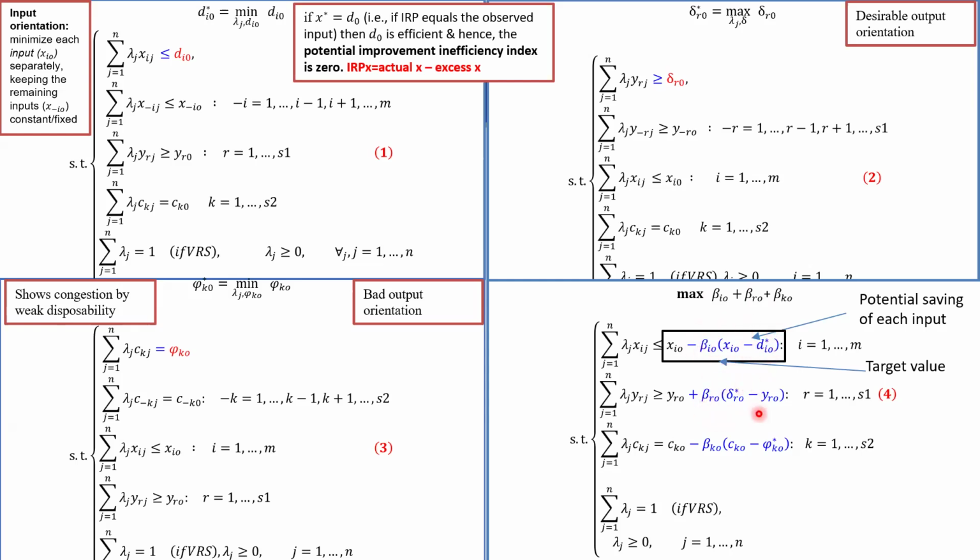And of course, in the output sense, it would be the shortfall, the output shortfall. So note that this is the efficiency improvement, the potential improvement, which MEA focuses on. So that's why we say that it doesn't focus on the efficiency score. It focuses on your capacity to do what you could have done. And that is it.